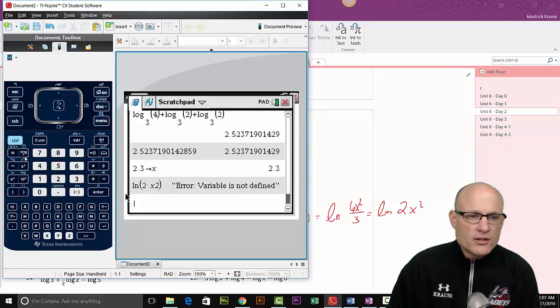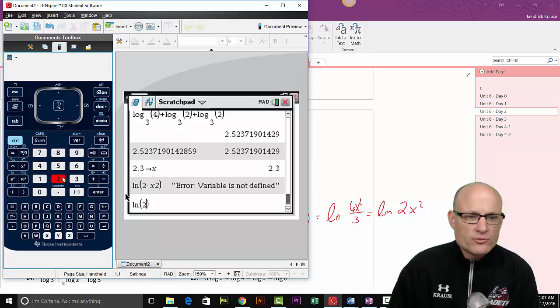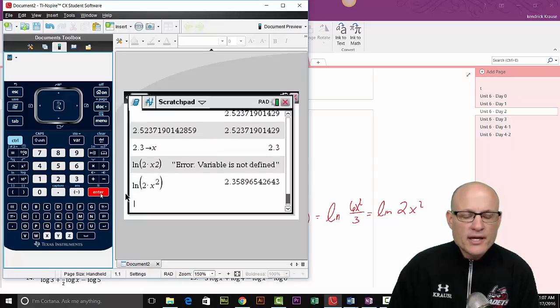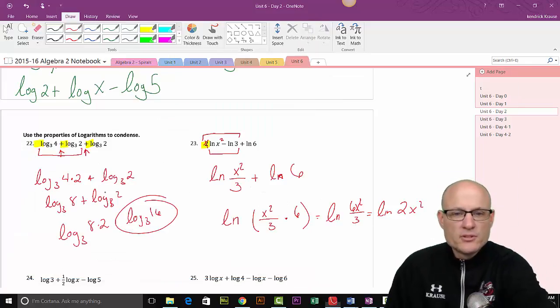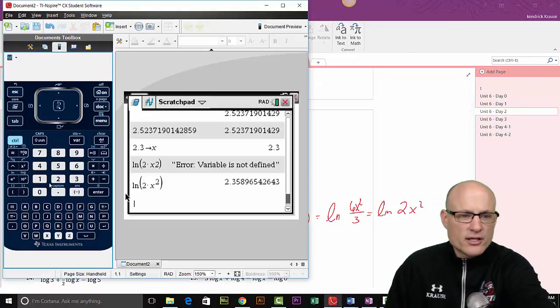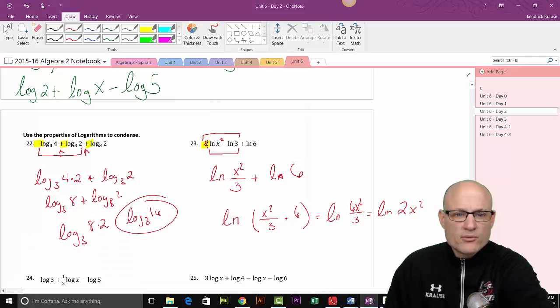Oh, the natural log of 2x squared. And then the original was 2 natural log x, so 2 times the natural log of x plus 3 and 6.